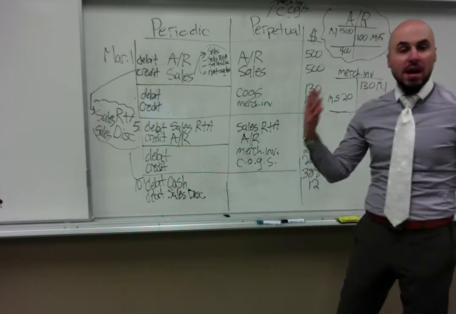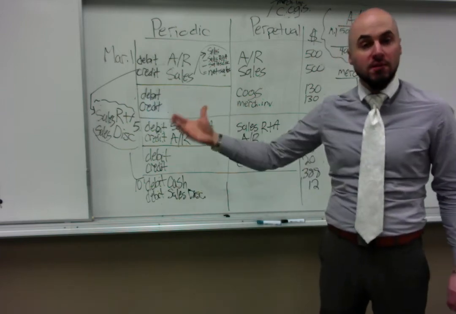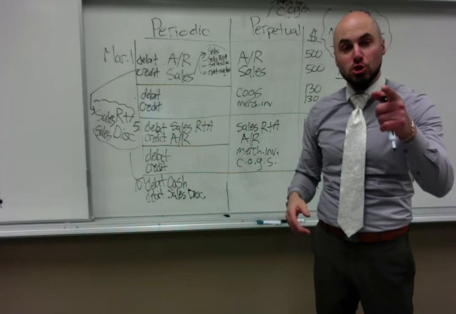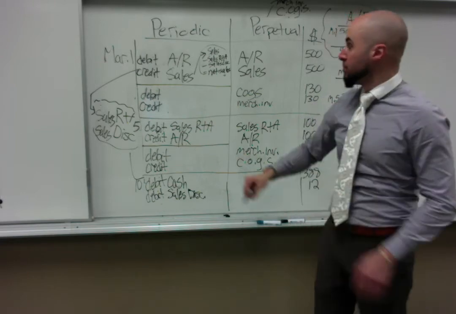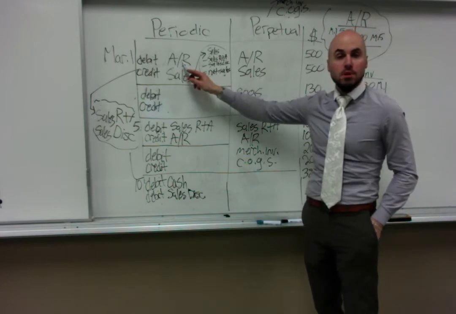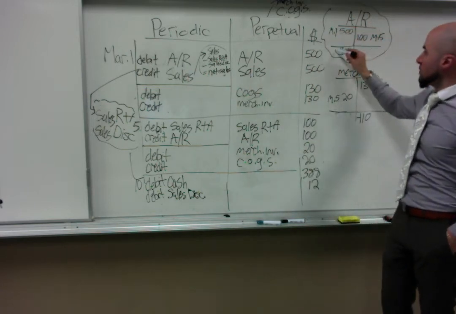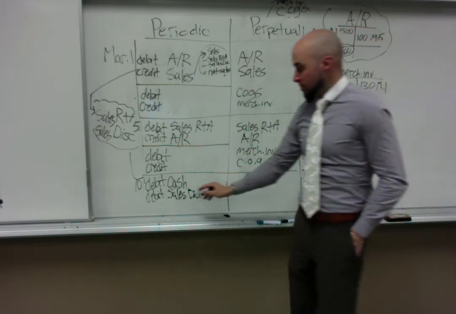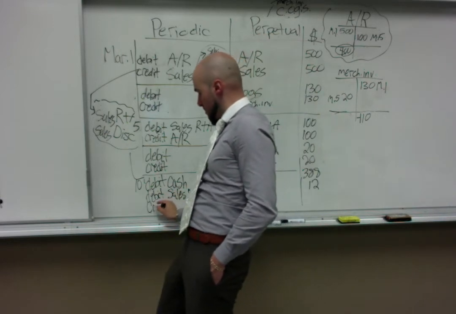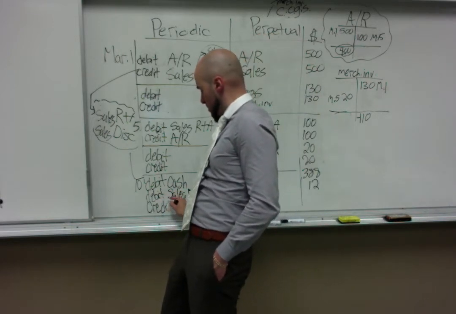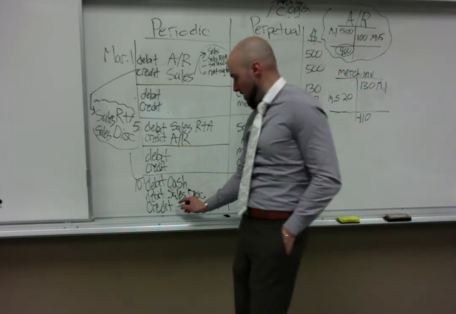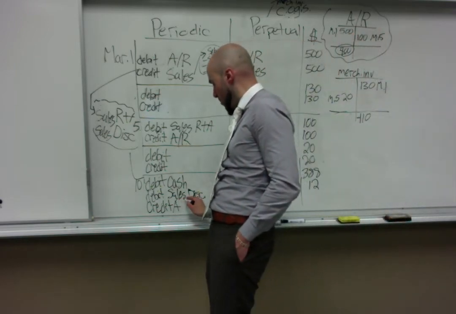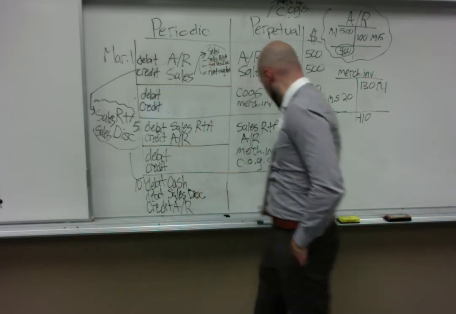And we know we have to balance the entry by also crediting $400 worth to what? What is being paid off here by the customer? The accounts receivable. This 400. So credit AR, accounts receivable, 400.